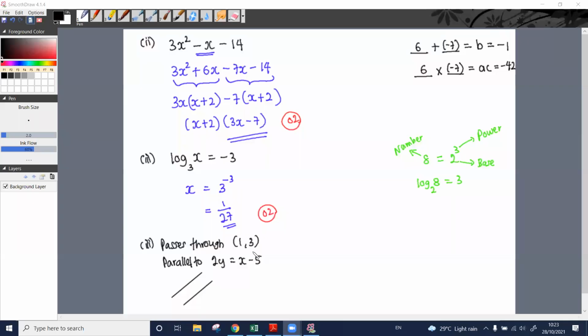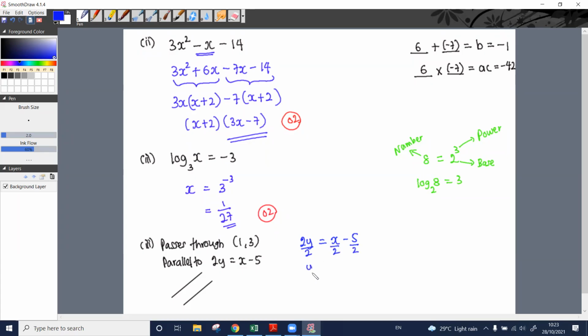Therefore, using this given function, we should be able to find the slope value. Two y equals x minus 5. We need to make y the subject, so divide each and every term by 2.